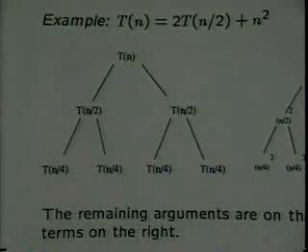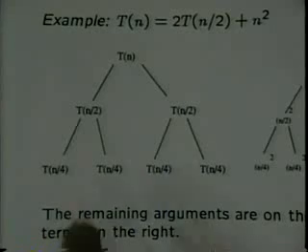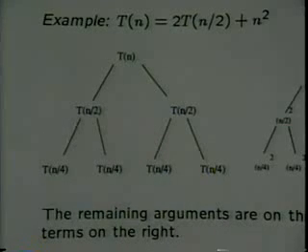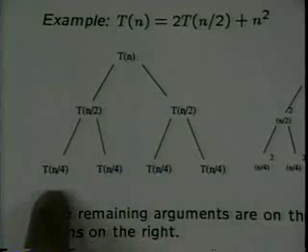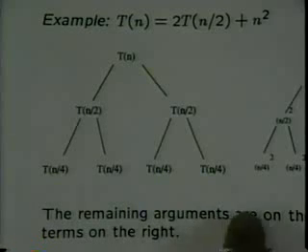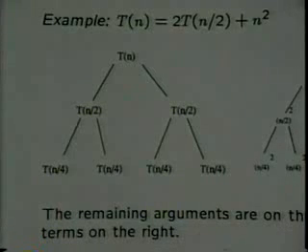That's the recursive call that's happening. What happens with T of n over 2? We split it into two pieces, T of n over 4, T of n over 4. What happens with the T of n over 4? We split that into two pieces, T of n over 8, T of n over 8. This is a picture of what that recurrence relation is doing, the chain of substitutions.